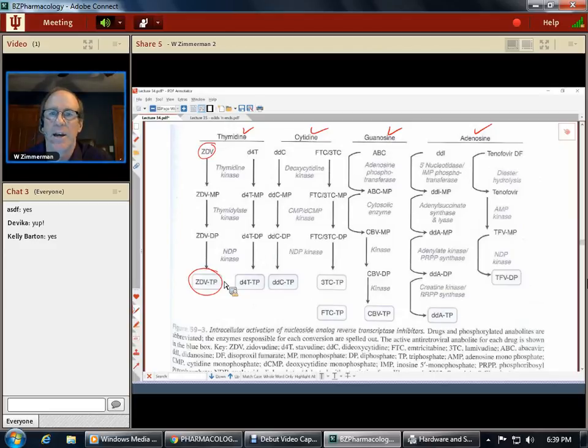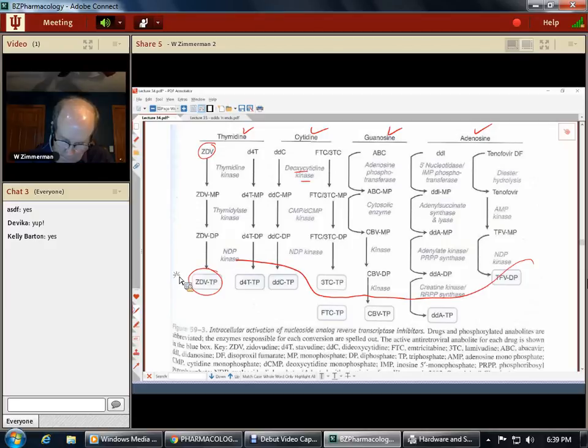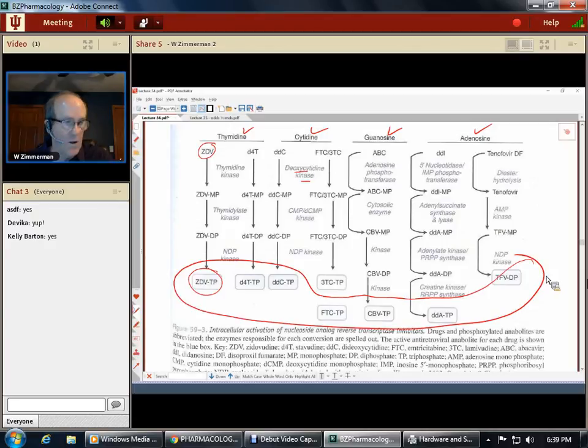And it's thymidine kinases that do that, or deoxycytidine kinases, the cytidine, on and on. It's the same idea over and over again. And we wind up with all of these triphosphates that are formed.